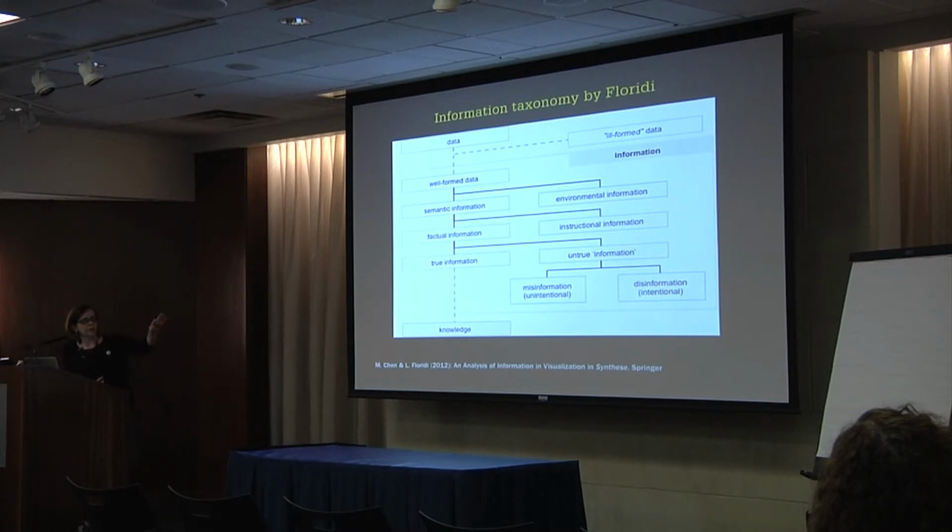And then once we move down, information can be true information, or he divides untrue information into two categories. One is unintentional untrue information, and the other is intentionally deceiving information. And eventually, when we get out of that, we might get into knowledge.